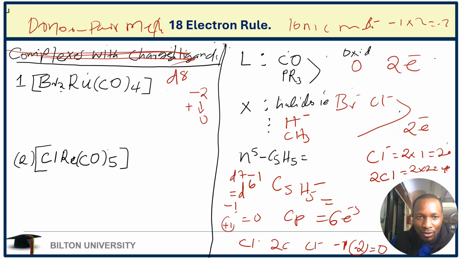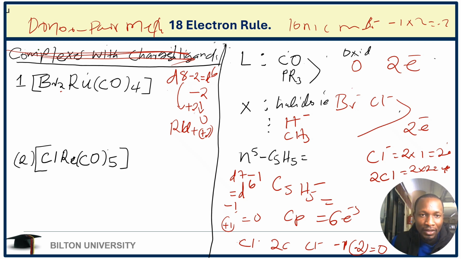So we're going to need +2 from the metal, meaning that in this D8 we are going to subtract 2 electrons so that we remain with D6. So after we got 2 electrons from Ru, our metal, we are going to remain with 6 electrons. So then it tells us that the oxidation state or the oxidation number of our metal is +2 in this case, because we have taken 2 electrons to balance this charge.